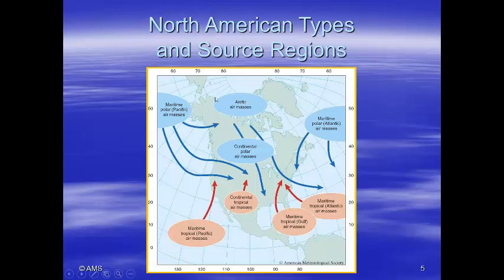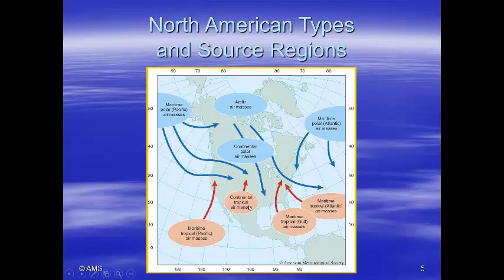So you notice we have the Arctic air mass, we have the maritime polar Pacific air masses, we have the maritime polar Atlantic air masses, the continental polar air masses. So with the continental, we expect low humidity, and with the maritime, we expect high humidity. With the Arctic, we expect the cold air mass.